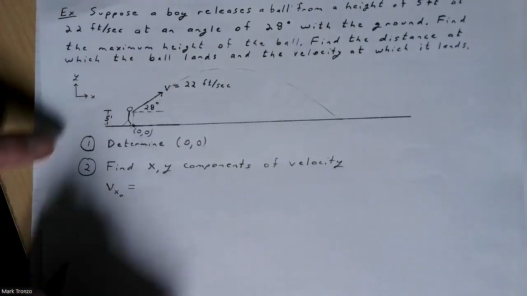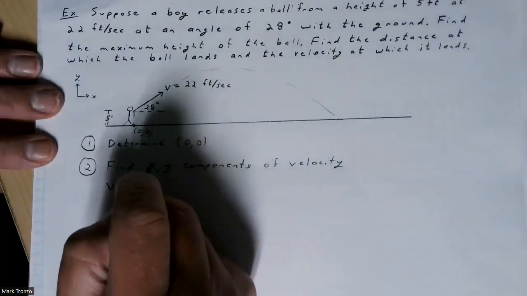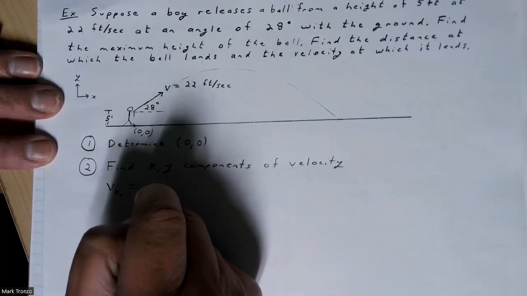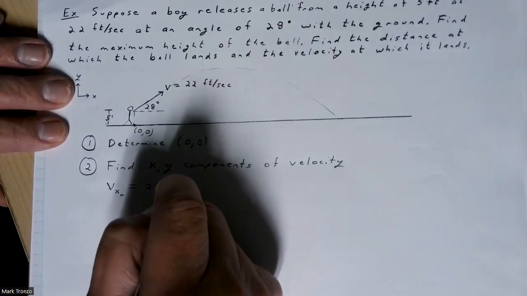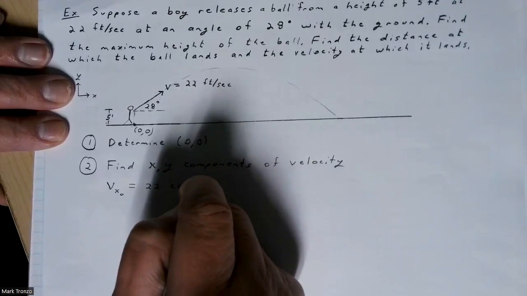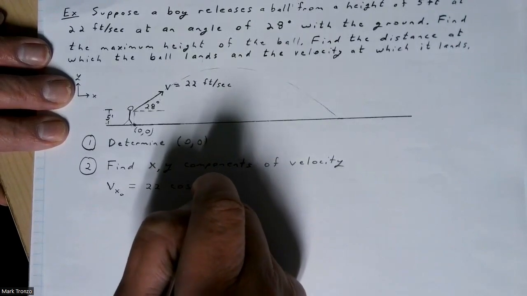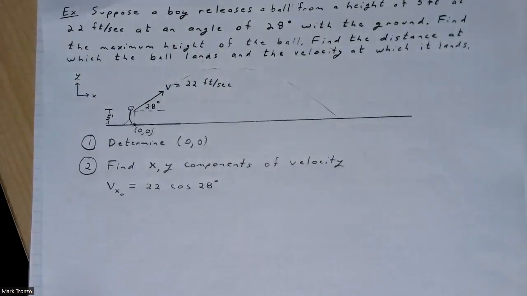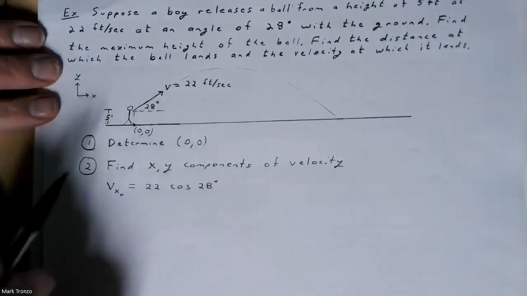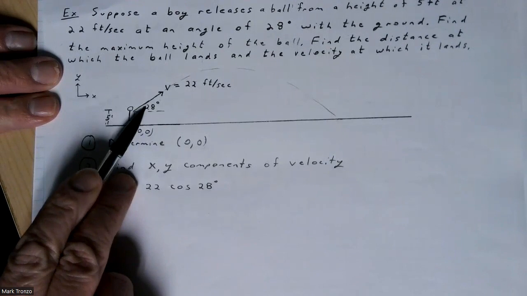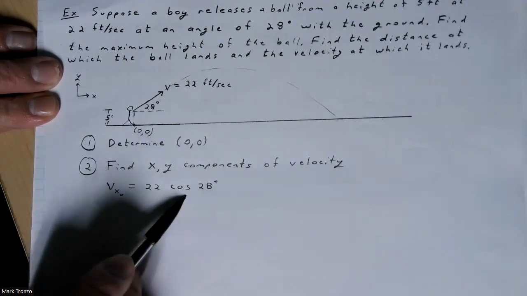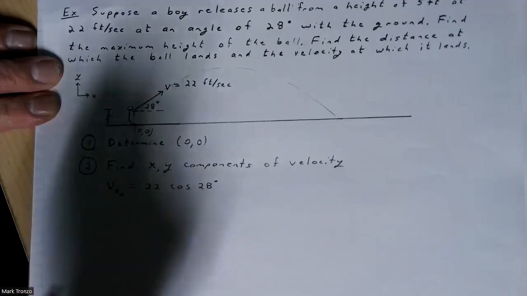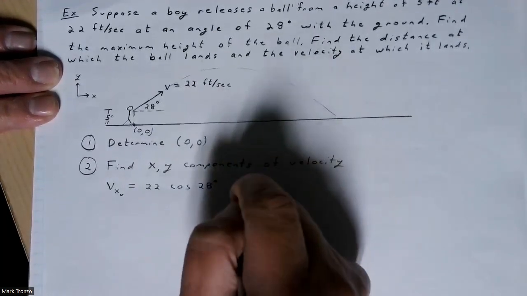will be whatever velocity we have here, 22, times the cosine of 28 degrees. Again, because it was measured from, the adjacent side was the X. Remember, the adjacent is always cosine, so it's 22 cos 28.